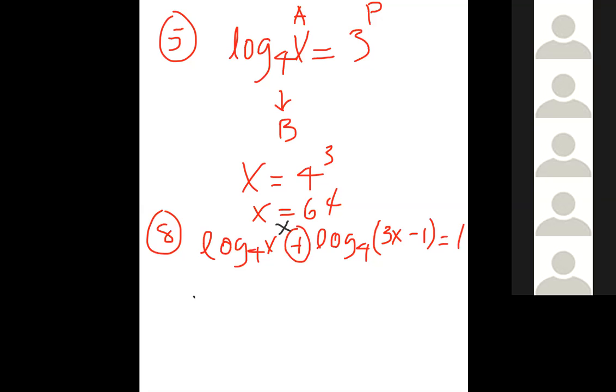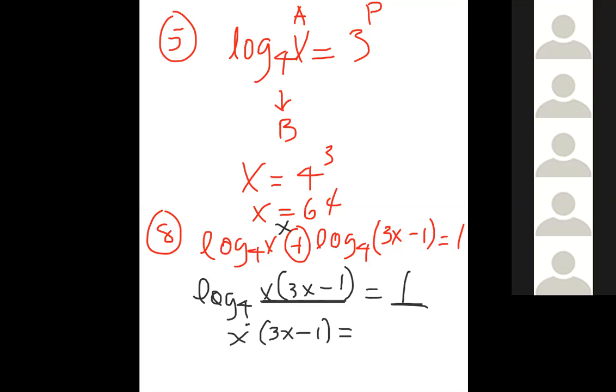So when we condense the left side, it'll become log base 4 of x times (3x minus 1) is equal to 1. Now we have condensed the left side. We can convert this to an exponential equation. There's your base, that's the answer, and that's the power. So you're going to do x times (3x minus 1) is equal to 4 to the first power.